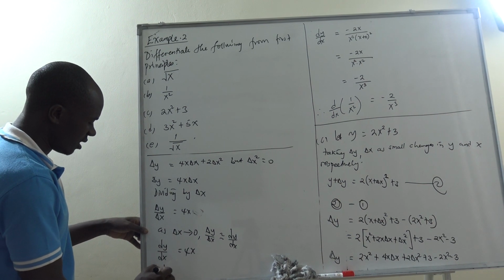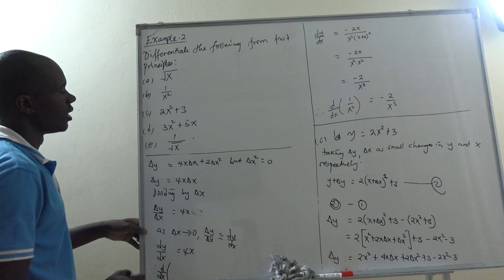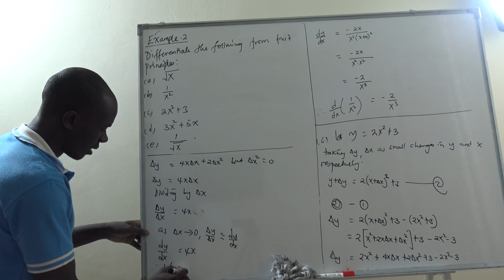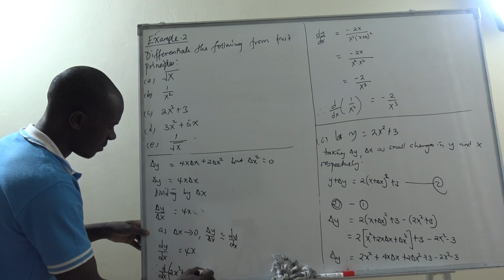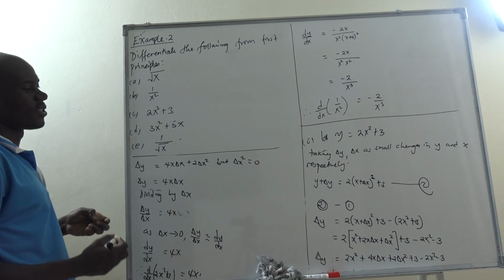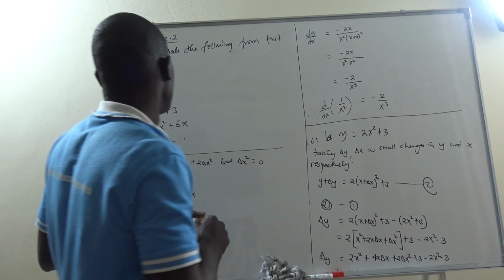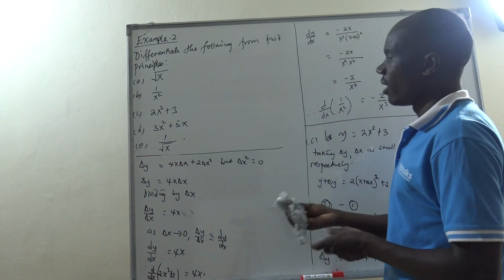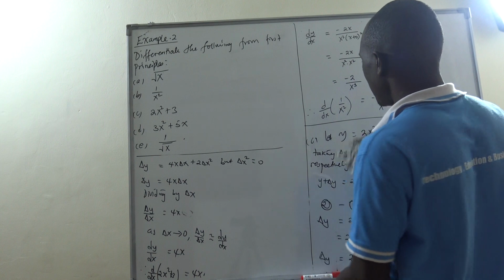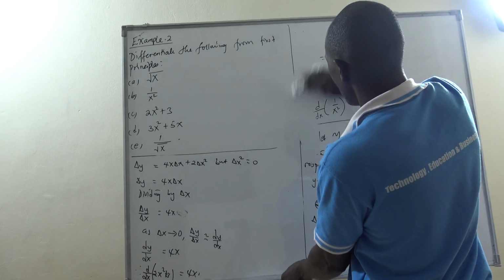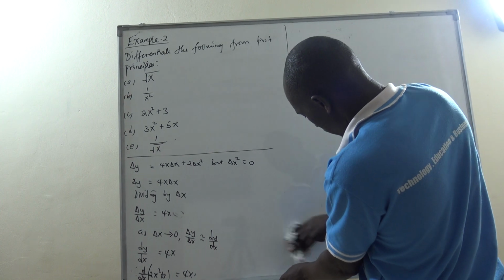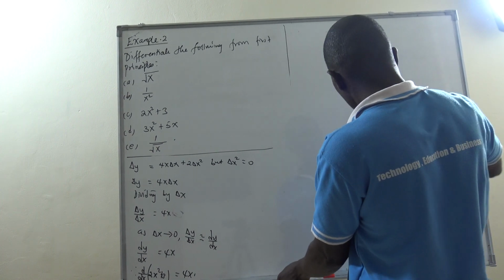Therefore, d/dx means when I differentiate 2x squared plus 3, I'm coming out with 4x. And I've tried to solve that one. Equally, we are going to go to part D and we see the solution for part D when we are using the first principle.